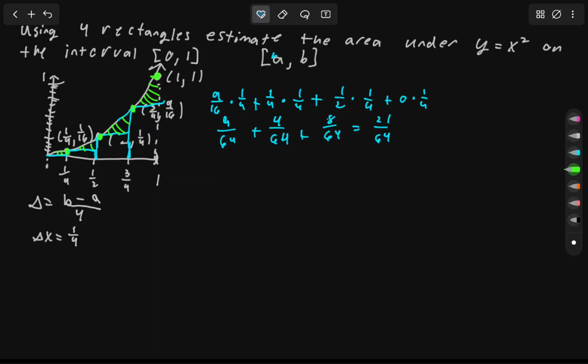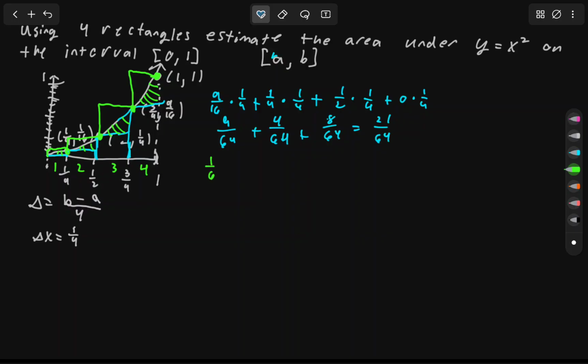Okay. So now we have these rectangles, as I'm drawing in green. Let's call this rectangle 1, 2, 3, and then 4. So we have to multiply the height of this first rectangle, which is going to be the value at 1/4.